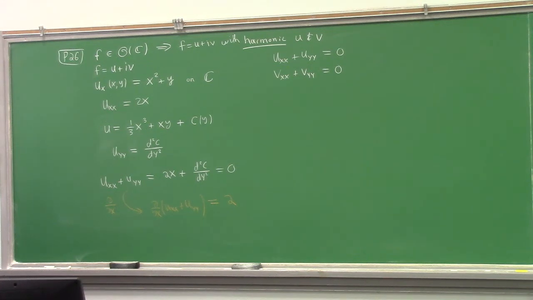Another way to see this is if you have an equation where a function of x plus a function of y is equal to 0, the only way that can go is if both the function of x and the function of y are constant. But 2x is not the constant function in x, so that's impossible. Anyway, so u is not harmonic, therefore what?